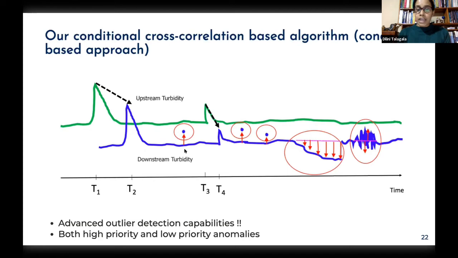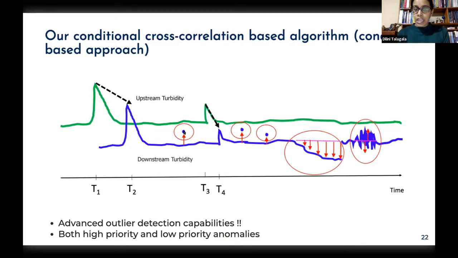Then we look at the difference between the predicted values and the actual observations. If it is a technical outlier, you will see that technical outliers are not shared between variables. They share only the water quality events between the two sensors.